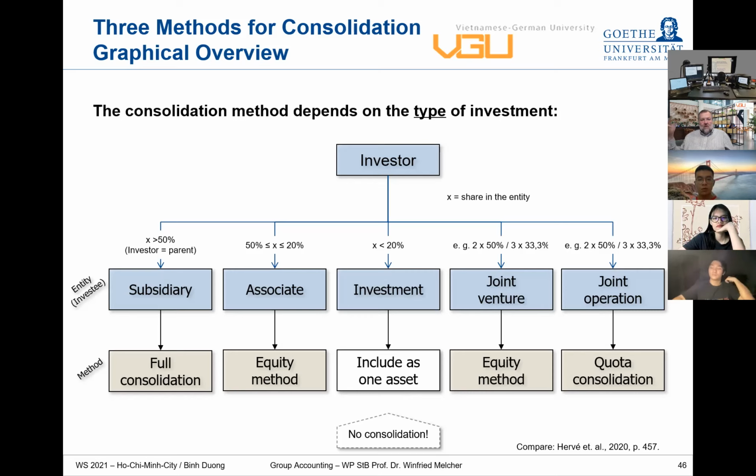So it will just move like all the other assets from the single financial statements to the group accounts, and you will include that as one asset. So there is no consolidation when it comes to a normal investment. Here we speak about a full consolidation. Here we speak about equity consolidation or one line consolidation. And here there is clearly no consolidation.